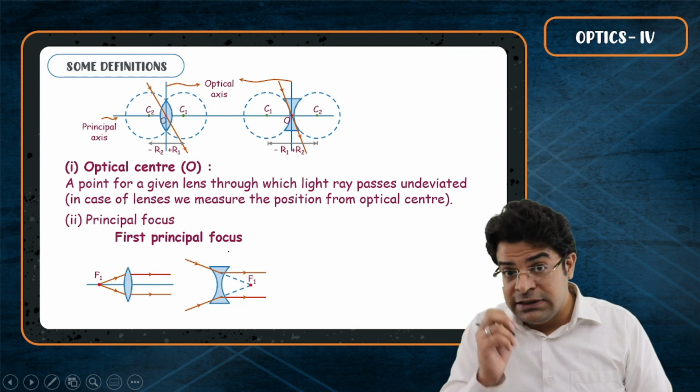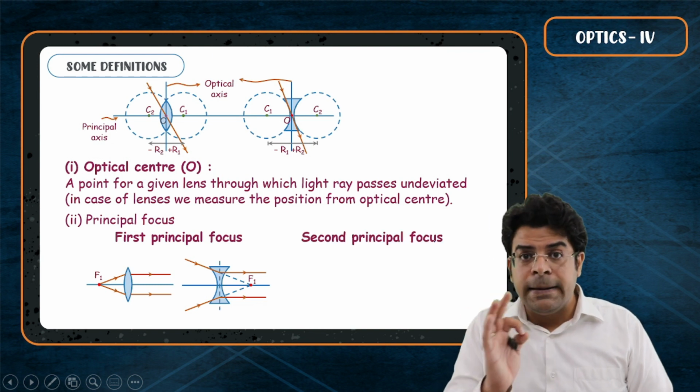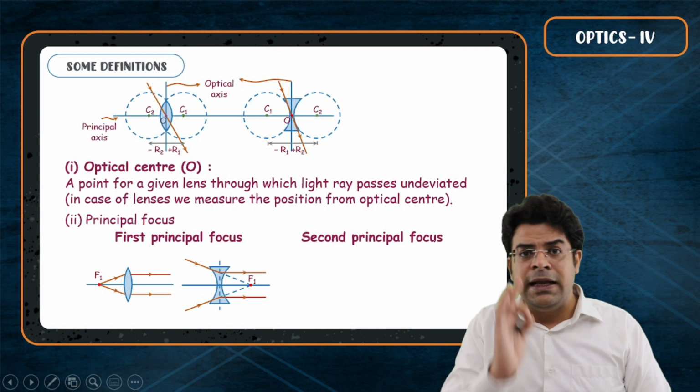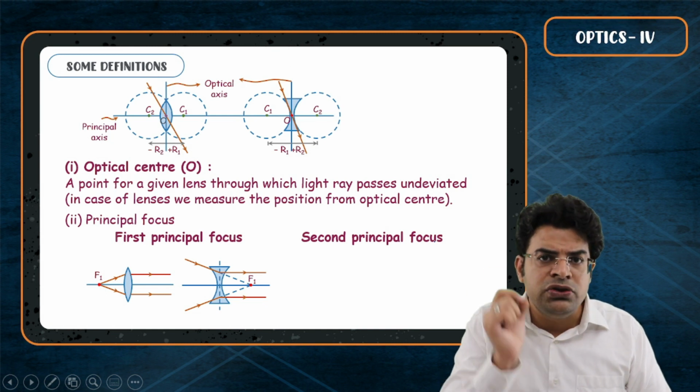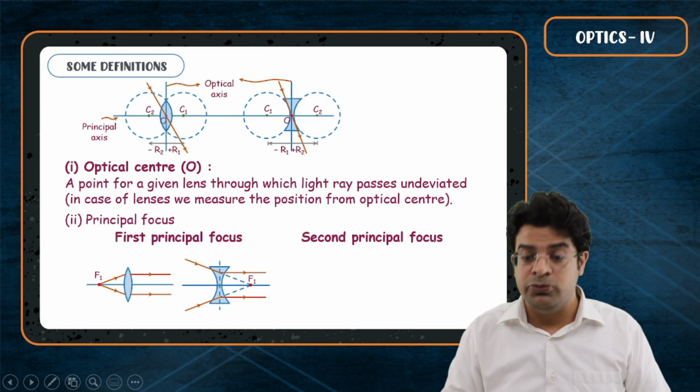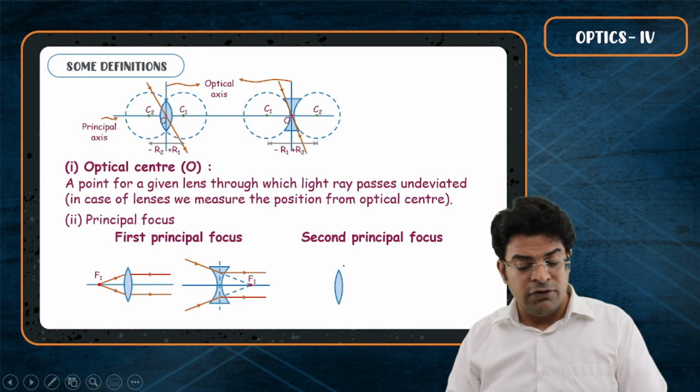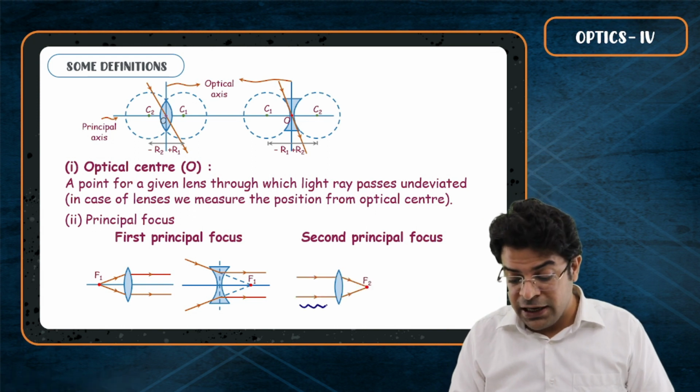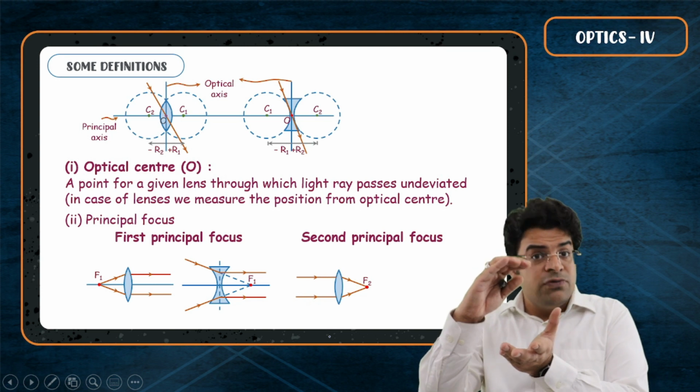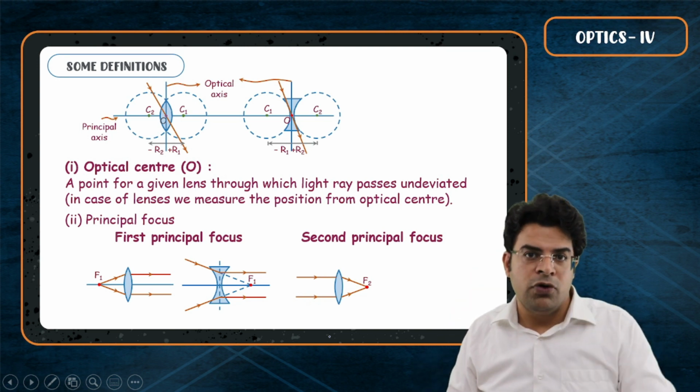Now the second principal focus. If you hit parallel rays on a lens, the place where those rays converge is called the second principal focus. So if you have, let's say, a converging lens and parallel rays are hit on it, the place where these rays converge is called the second principal focus.